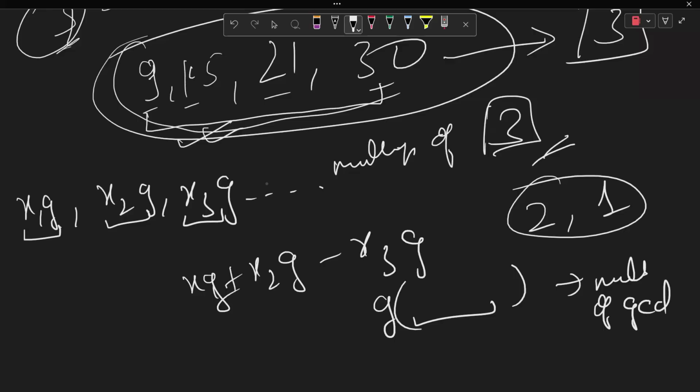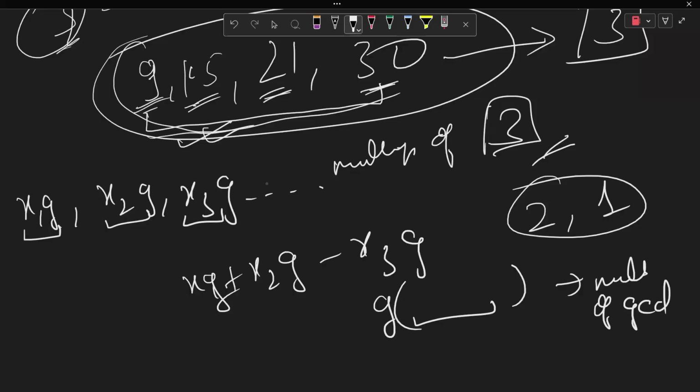So what you have to do, once you checked all the possible submatrices and got these numbers, the multiples of which you can reduce your difference by, you can take the GCD of all these numbers.